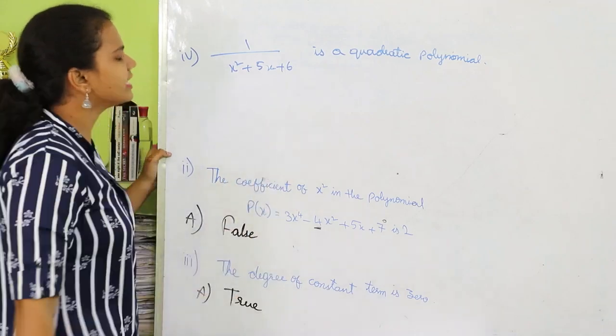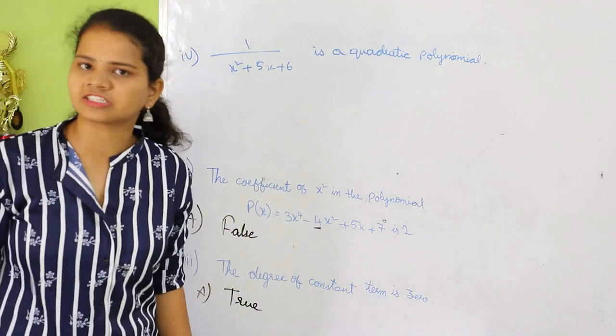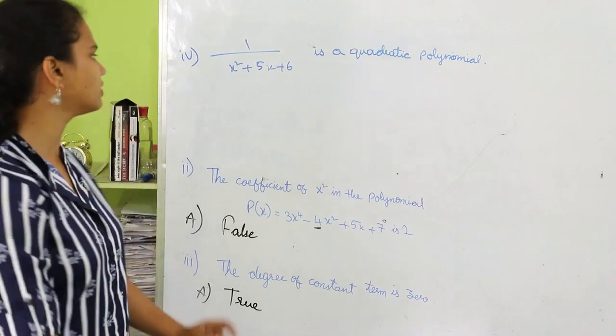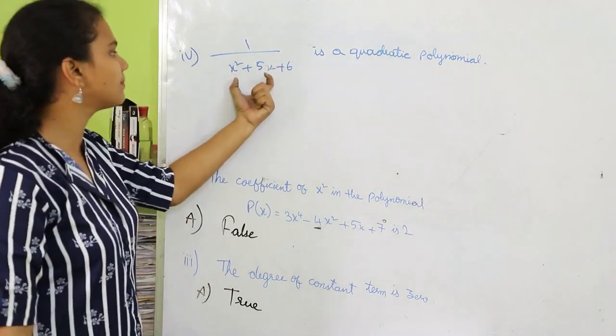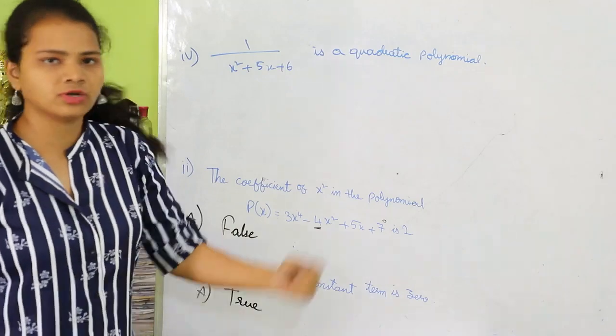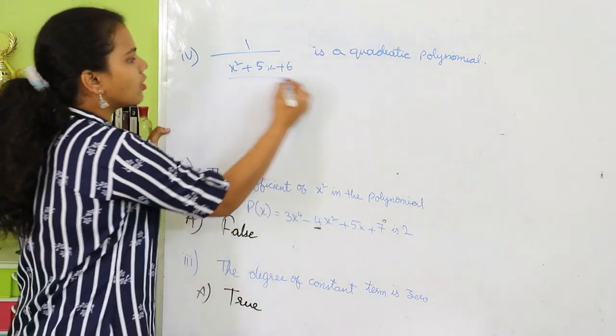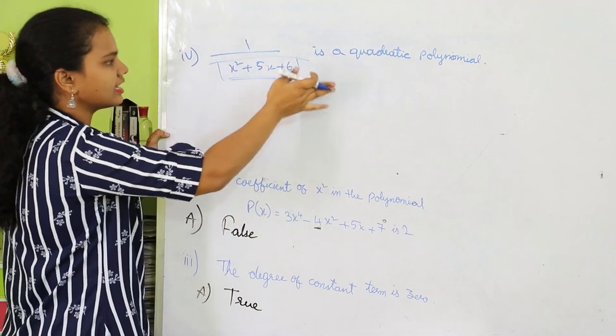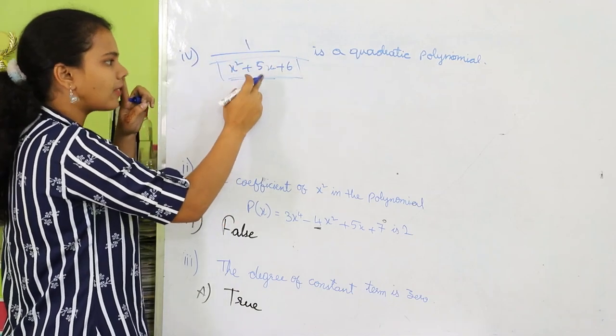Okay. So here, 1 by x square plus 5x plus 6 is a quadratic polynomial, we know that a quadratic polynomial is not in the form of a fractional form. So a quadratic polynomial cannot be a denominator. If I write only this part, without considering the numerator, then this might be a quadratic polynomial.